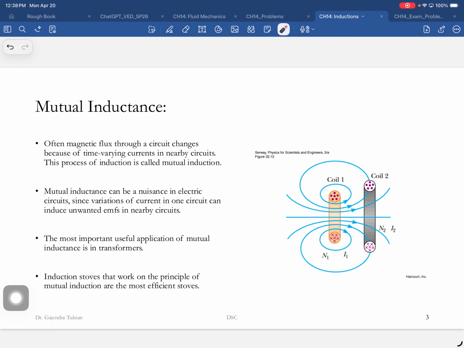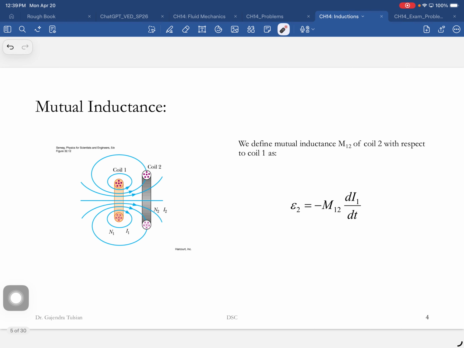The most important useful application of mutual inductance is in transformers, which are used to step up and step down voltages, and we'll talk about them. Induction stoves are also an application, and they are the most efficient stoves. We'll talk about that in a second.